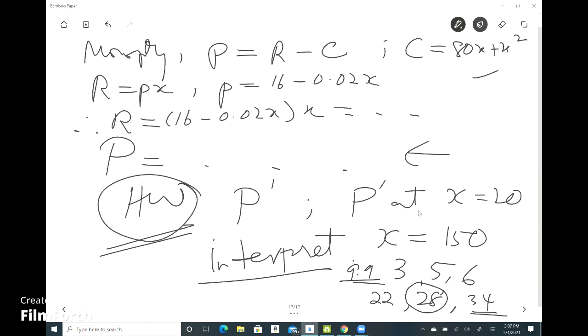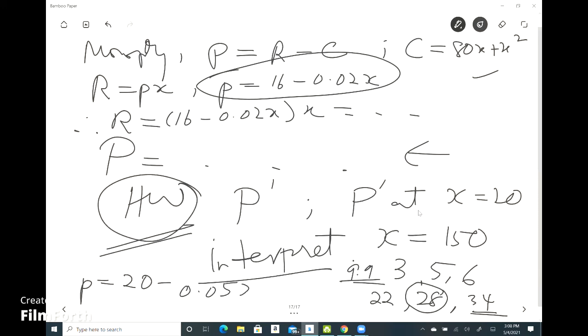Let's say, I base on whatever you have here. Let's say the price now equals 20 minus 0.05x. So for that question number 28, we make it as a monopoly market. Demand function is equal to what I write here. Okay, paham? Do you understand what I mean? So for 28, use this demand function.